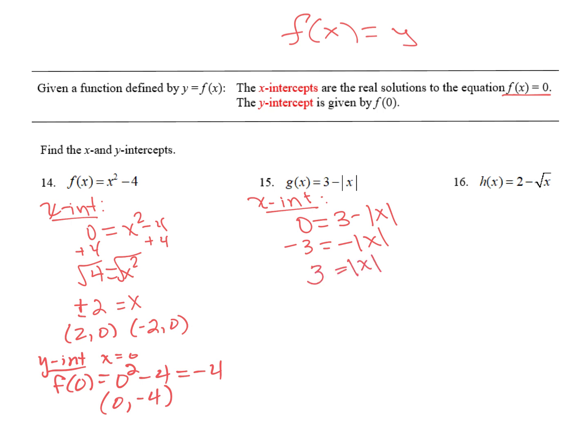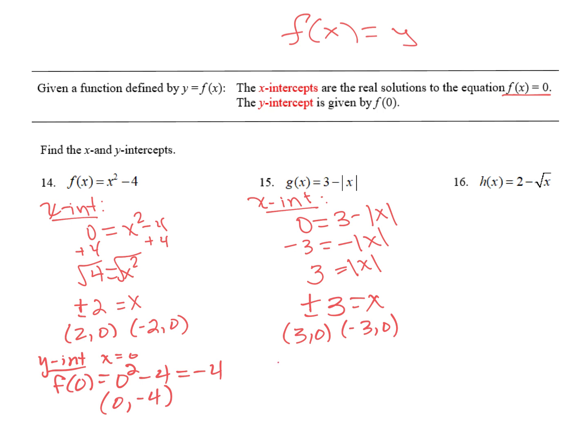Now, we're going to cover this more as we go through, but the absolute value of x means how far away from 0 can we go? That's absolute value. So the absolute value of x is what has a distance of 3 from 0. That is also plus or minus 3. So I have two x-intercepts again, (3, 0) and (negative 3, 0).